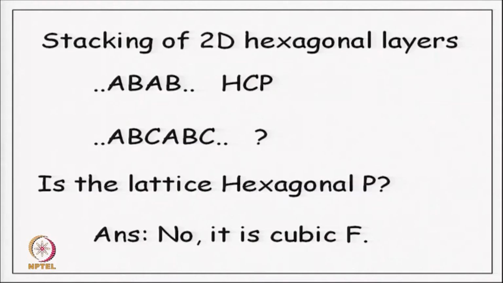So, the inherent symmetry of the layer is 6-fold symmetry, and by stacking them we are now claiming that the crystal structure which we get is face centered cubic. Face centered cubic structure will not have any 6-fold symmetry. Our starting 2D layer had the 6-fold symmetry. So, where is this 6-fold symmetry lost?